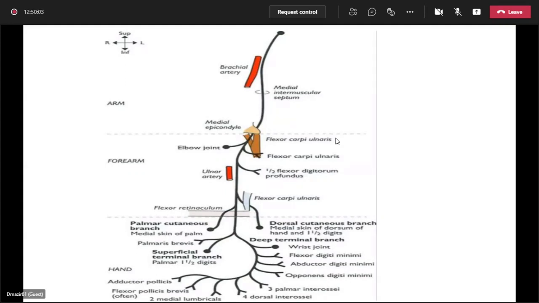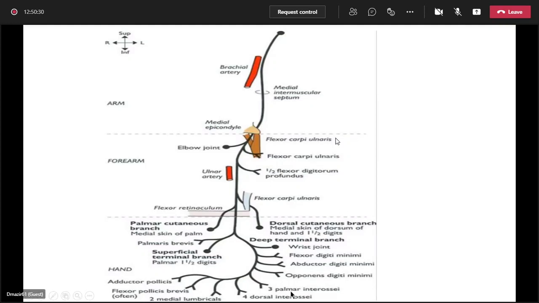So coming toward the muscular branches of the deep terminal branch of the ulnar, they are supplied to the wrist joint, the articular twigs, and then the flexor digiti minimi, abductor digiti minimi, opponens in the hypothenar eminence, then the third palmar interosseous and the four dorsal interossei.